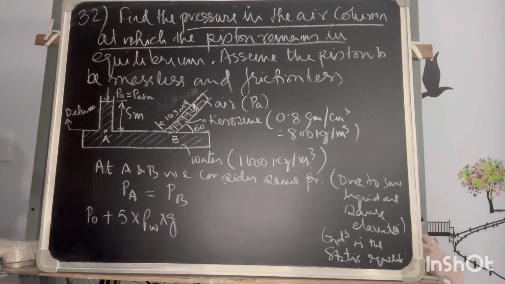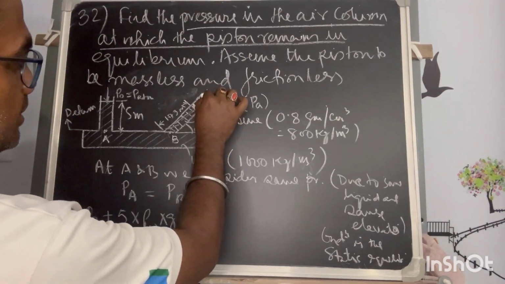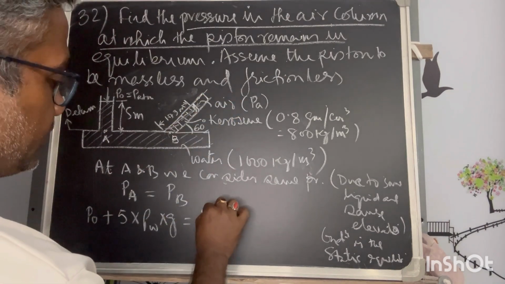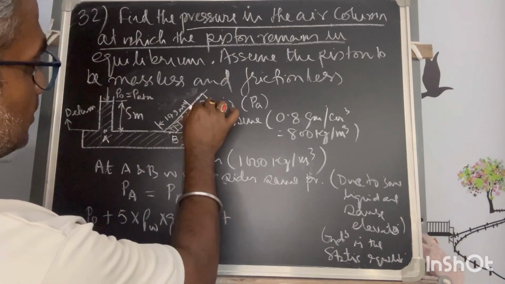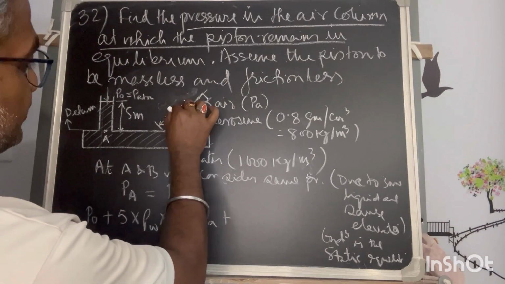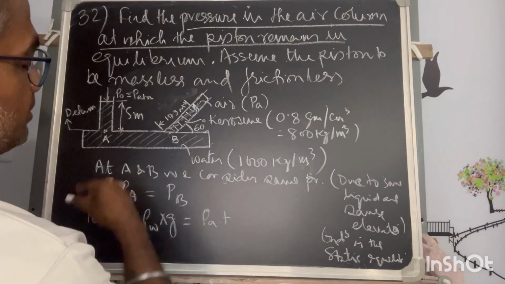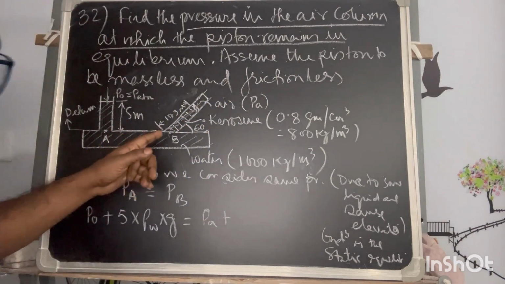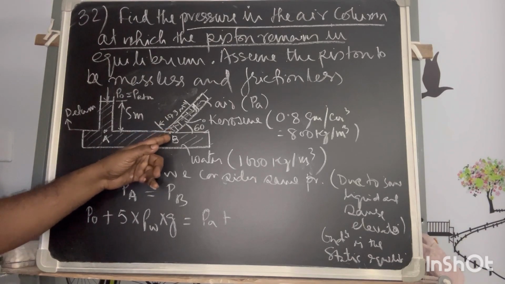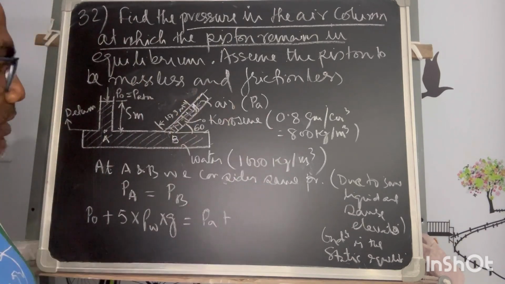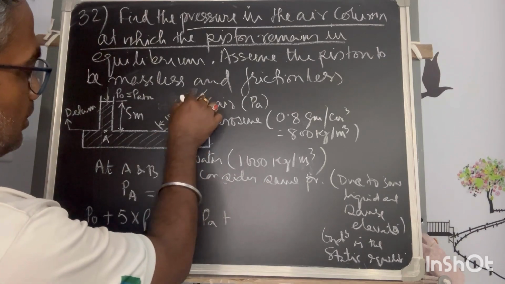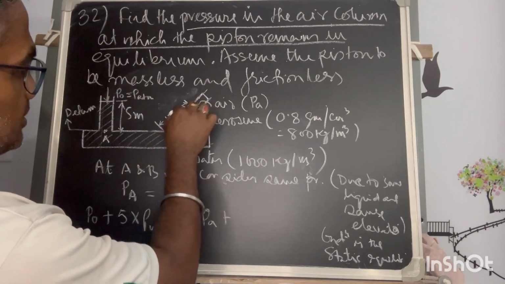In the other limb, let us see the pressure created by PA, the pressure inside the cylinder, plus the length of this, which is 1.73. But what do we know? Pressure at any point is the vertical height into rho into g. So what is the vertical component of this length?